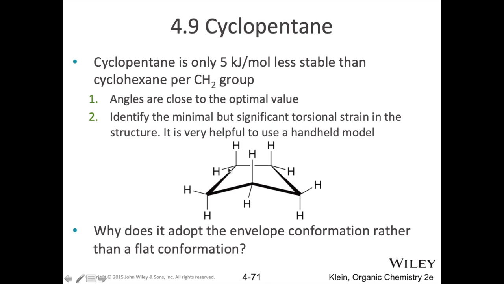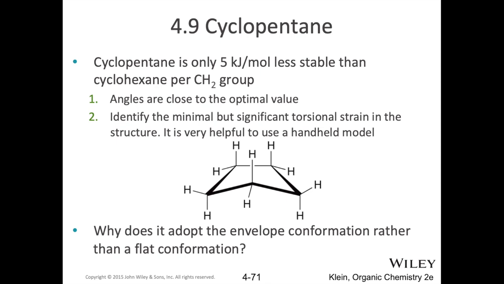Even though the bond angle of a pentagon is relatively close to 109.5, there's still a little bit of puckering here. You have what's called an envelope conformation, with one carbon sticking up like the flap of an envelope, and that gets rid of a little bit of ring strain.